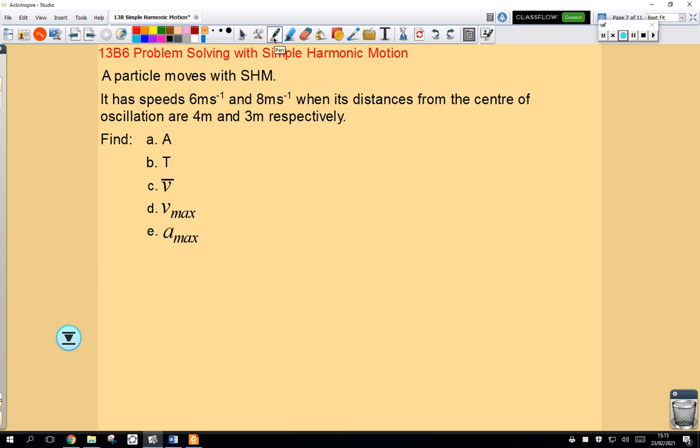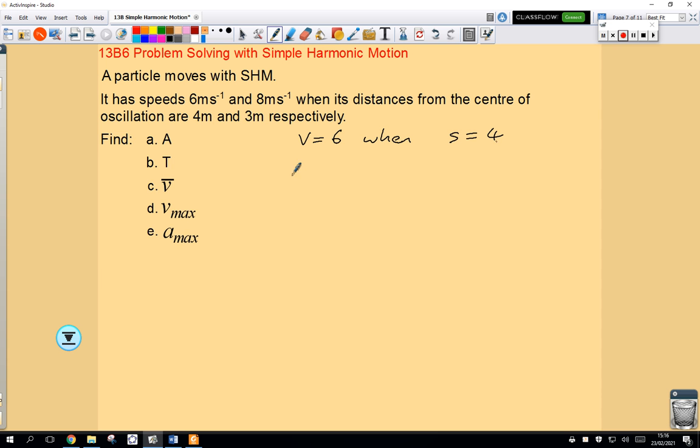Okay, so the first thing I'm going to look at is A. So we're given V is equal to 6 when its distance from the center is 4, and V is equal to 8 when its distance from the center is 3. So we know that V is equal to 6 when S is equal to 4.